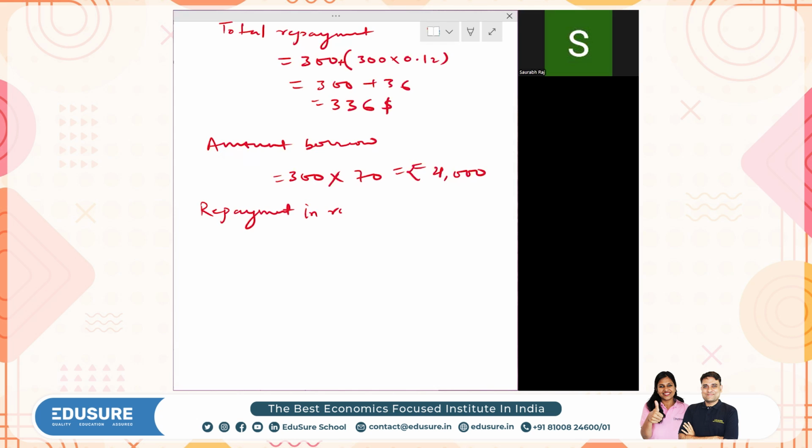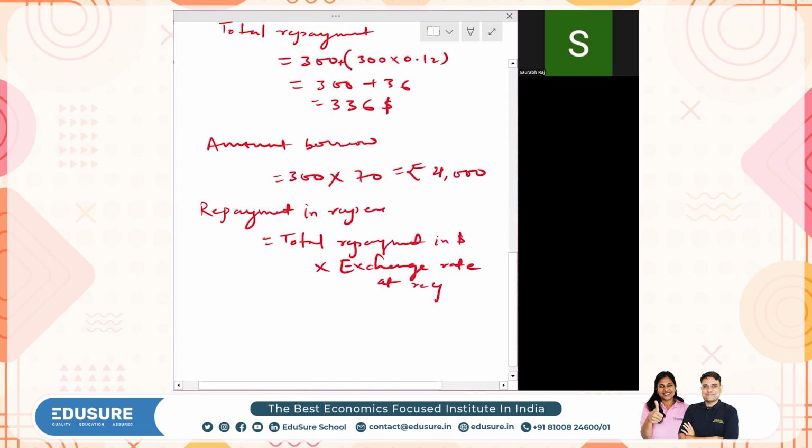Repayment in rupees is equal to total repayment in dollars into the exchange rate at repayment.